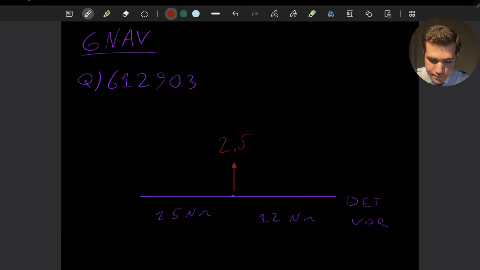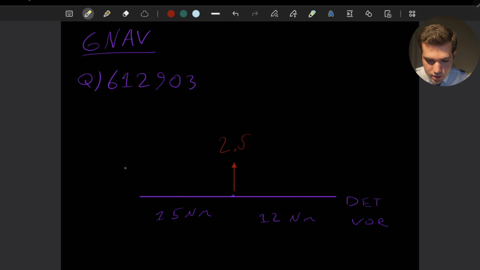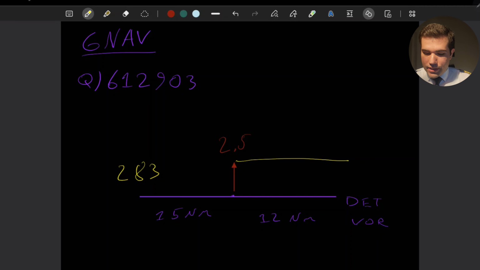I will change the color. Let's do yellow. If we had followed the 283 heading, we would be arriving directly at the DET VOR. But now if we turn towards the 283 heading, we will basically fly parallel. We will not go back towards the DET VOR.